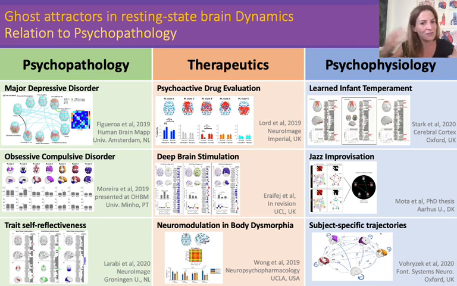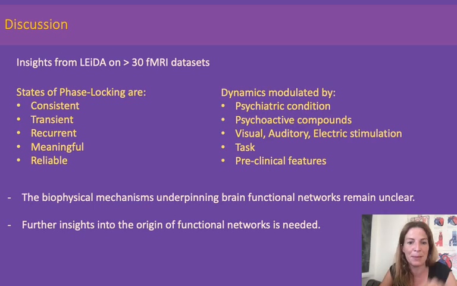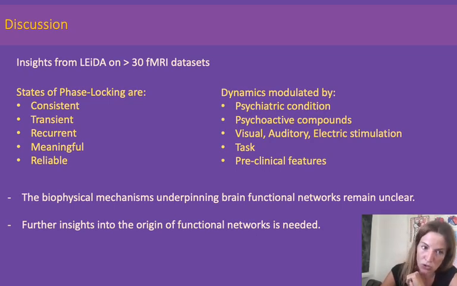So there are different insights that I've been having by applying this tool, this leading eigenvector dynamics analysis. I've already applied it to over 30 data sets from collaborations from all over the world, and also from open source data sets. And so far what I find is that these states of phase locking are very consistent.